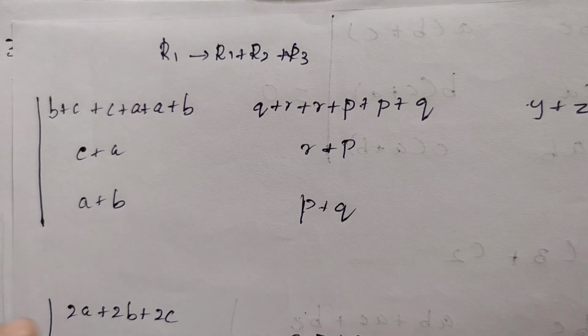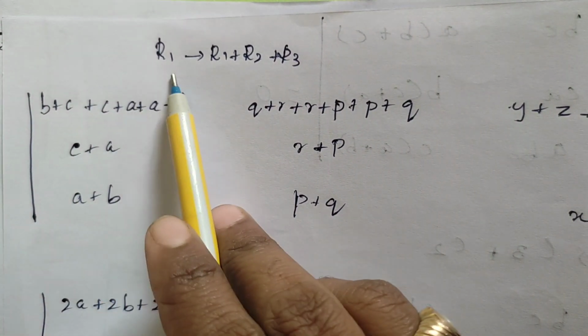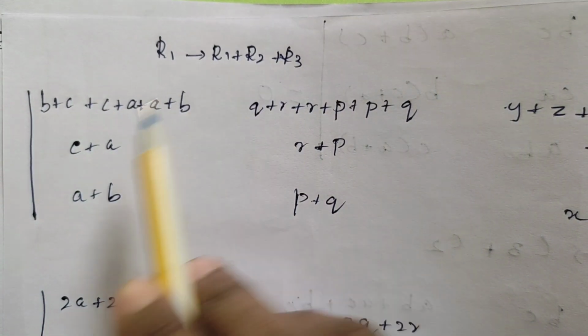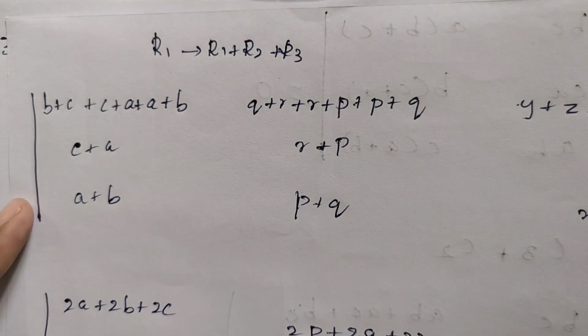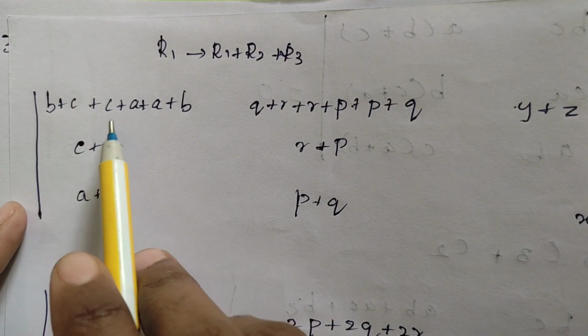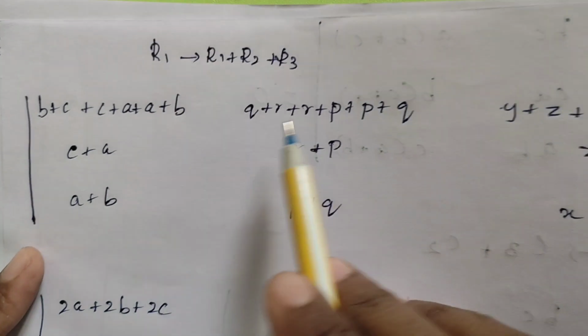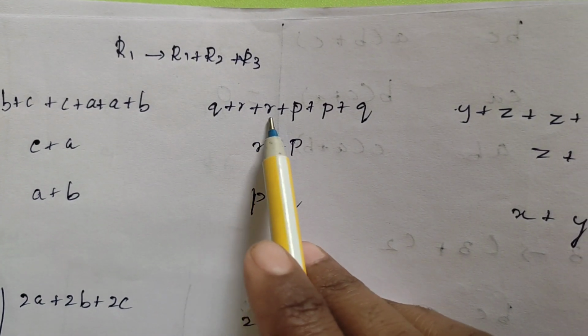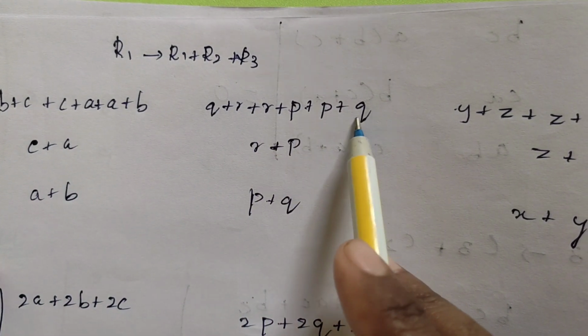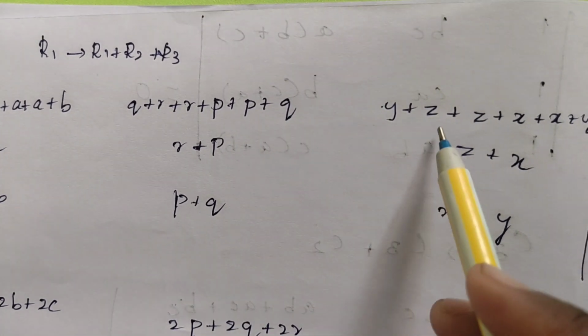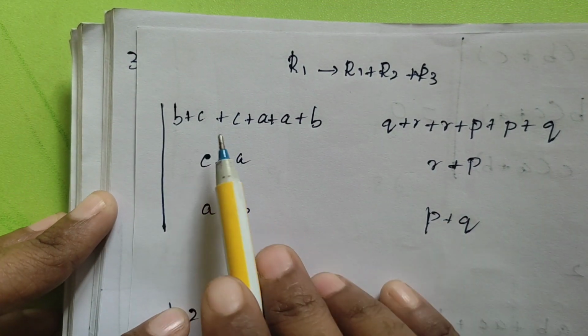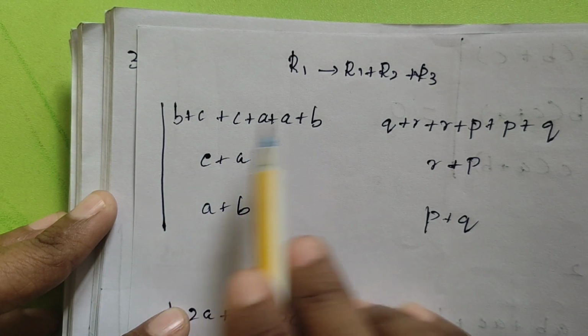On doing that operation, R1 tends to R1 plus R2 plus R3, I am getting b plus c, c plus a plus b. Here again q plus r plus p plus q. Here y plus z plus x plus y. So everything is twice, that is 2a plus 2b plus 2c.